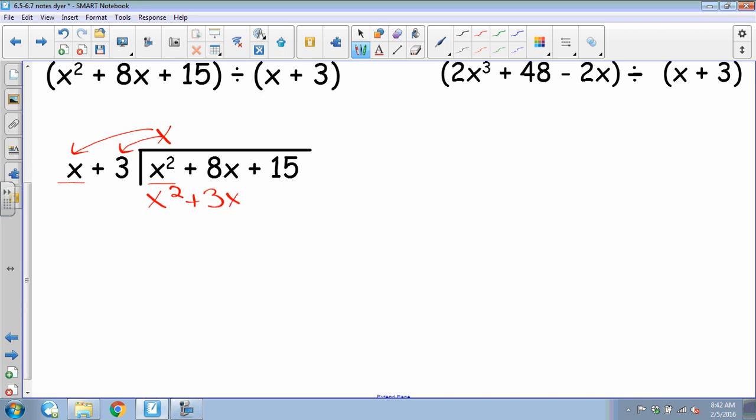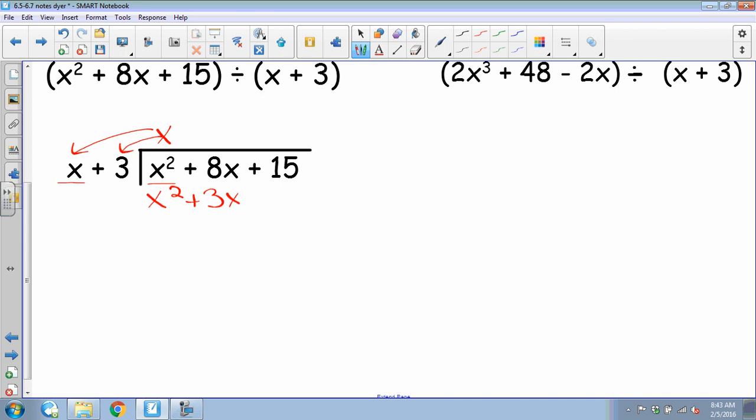Remember, these steps are just like regular long division with numbers. So we divide, we multiply. What's the next step? You would subtract, right? Even when you were subtracting regular numbers, what you're doing is taking that number and changing the sign.